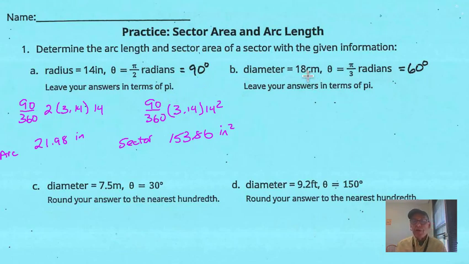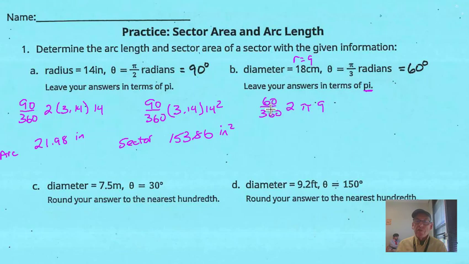For B, they've given us a diameter of 18. That means the radius is 9 centimeters. The degrees are 60. That wants us to leave our answer in terms of pi, so we're not going to use 3.14 for this one. So we're going to have 60 over 360 times 2 pi r, times 2 times pi times the radius, which is 9, or pi d.